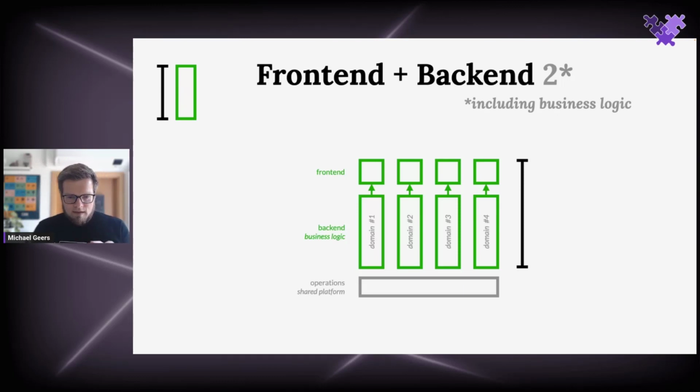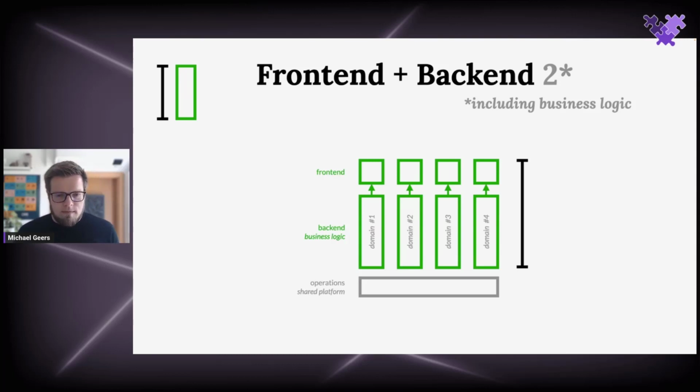And I've added a layer below. So in some of our projects, or in all of our projects, we need to think about operations. So we have an application, we need to deploy it somewhere. We need to think about databases. We need to think about PagerDuty, for example. What happens if something goes wrong? Who does debugging? Who gets called?